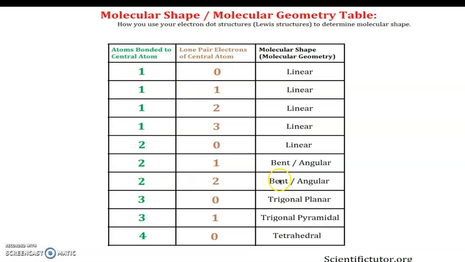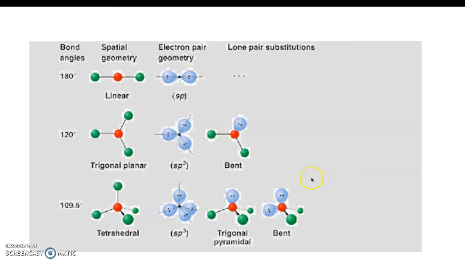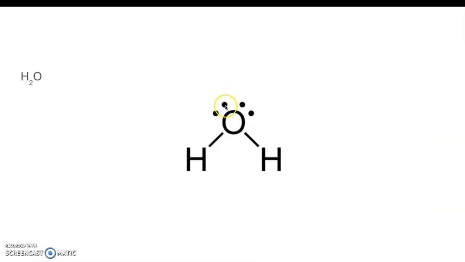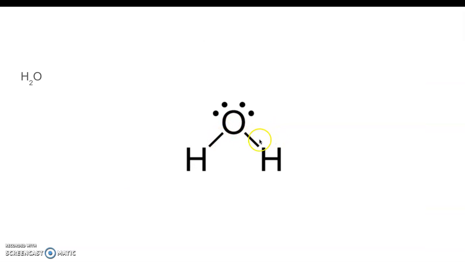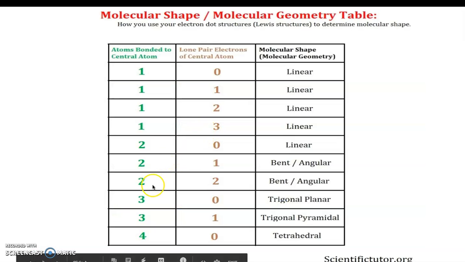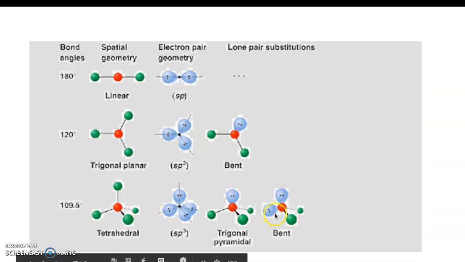It's bent or angular. So what does bent look like? Since we have water, with 2 unshared pairs of electrons, it's going to be this bent. So this is the shape of water, and it has a bond angle of 109.5. So we count 2 bonds, 2 unshared pairs. We look at our chart to see the shape. Then we go to the next item to find the bond angle and what it looks like in 3-dimensional space.